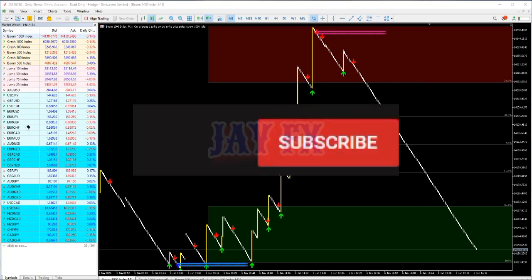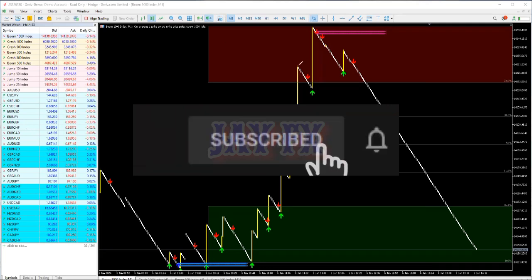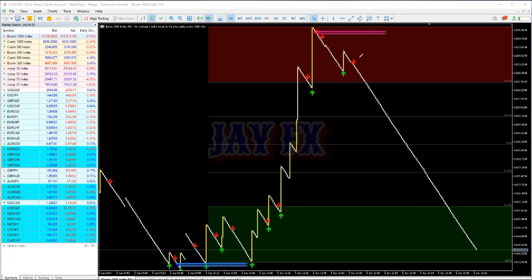If you scalp with this, what you have to consider is this red selling arrow. Whenever you see this selling arrow show up, we will just wait for what we call resistance or confirmation.